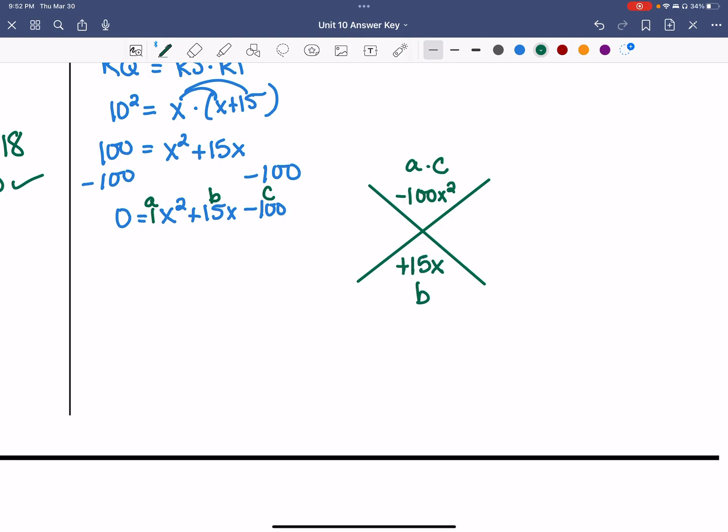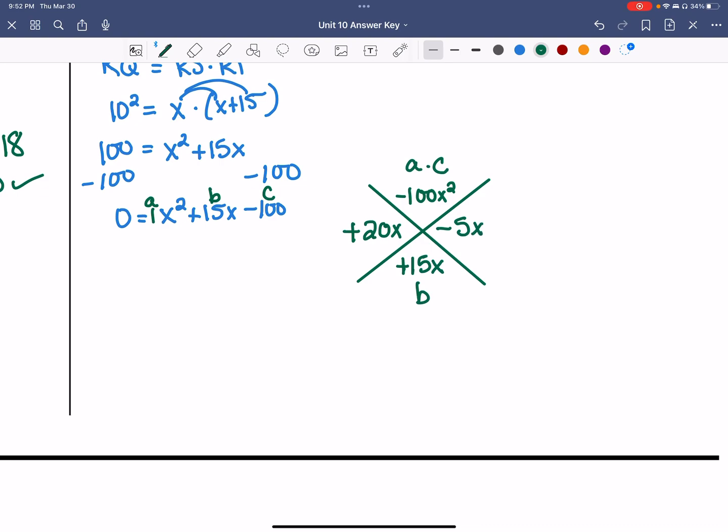This is really the better method to use whenever you have an A value of greater than 1. So let's go ahead and think of my factors of 100 that'll give me my 15. Now I can just go down the factor tree, or I can state that plus 20x and then minus 5x.